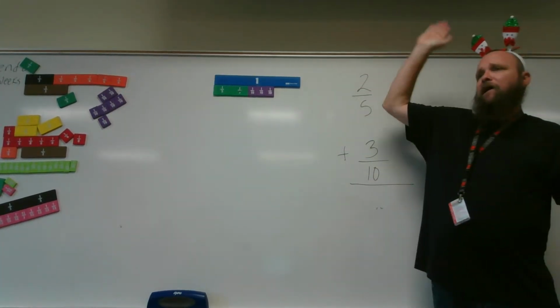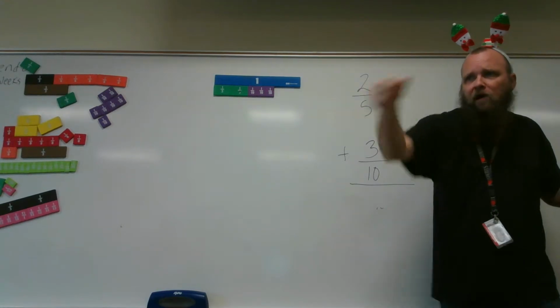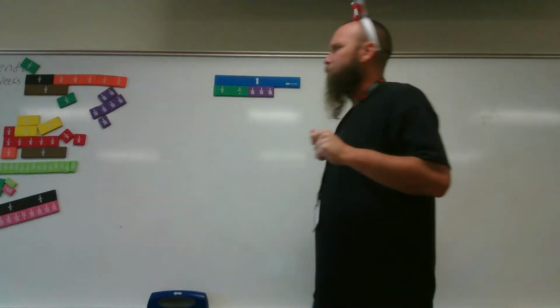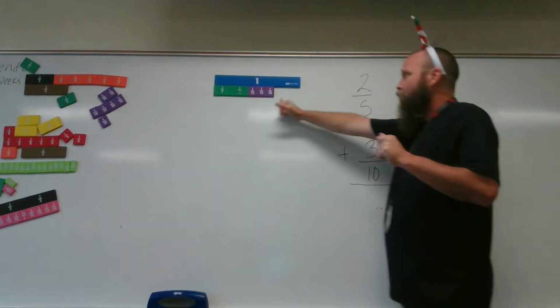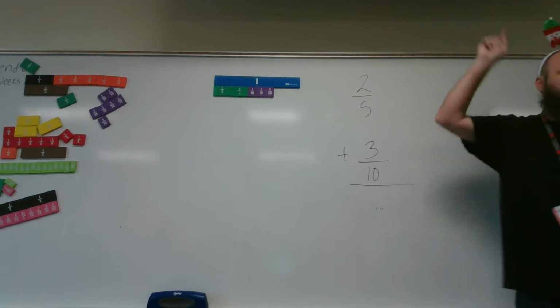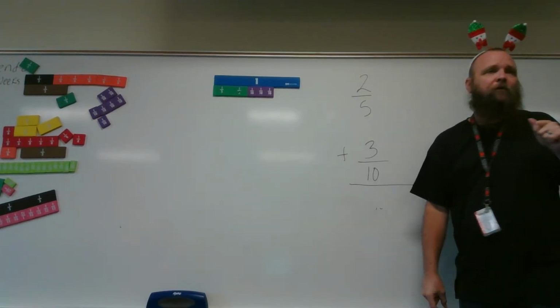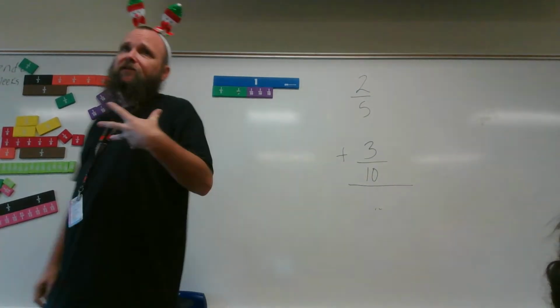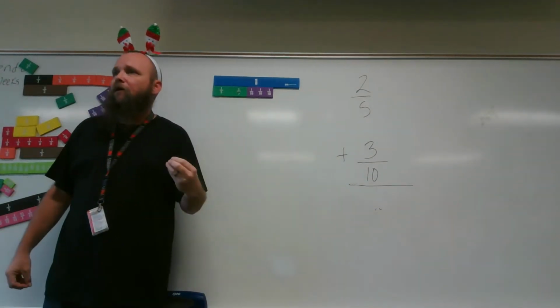So it is a proper fraction. Yes, exactly correct. It is a proper fraction. Caitlin, if it was greater than 1, it would be called an improper fraction. Awesome. So now we have to find pieces with the same denominator.